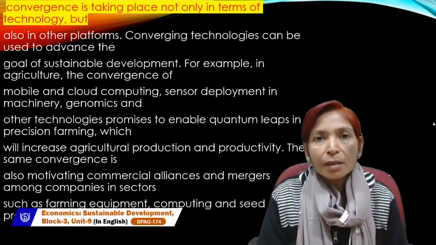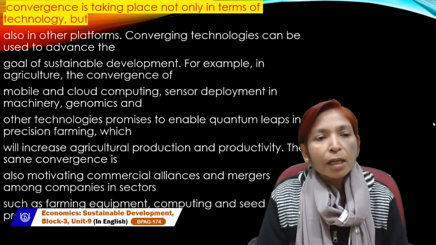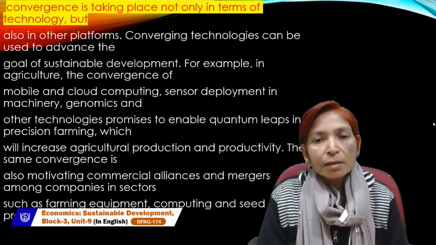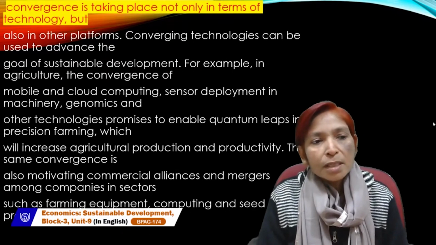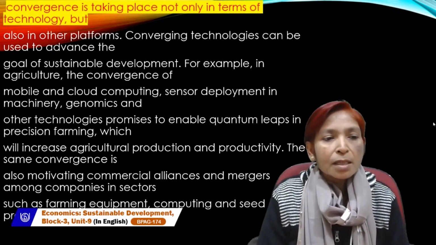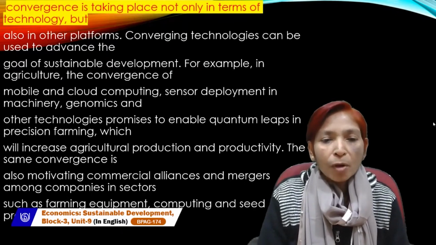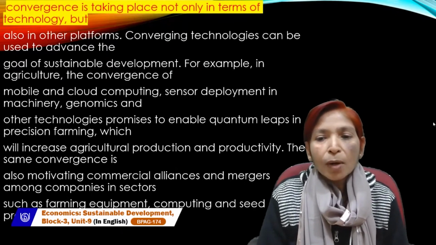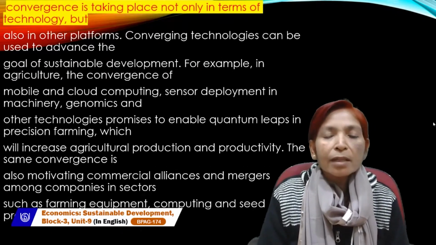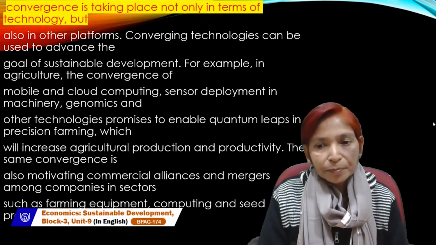For example, in agriculture, the convergence of mobile and cloud computing, sensor deployment in machinery, genomics, and other technologies promises to enable quantum leaps in precision farming, which will increase agricultural production and productivity.